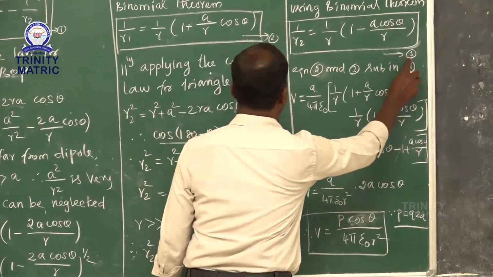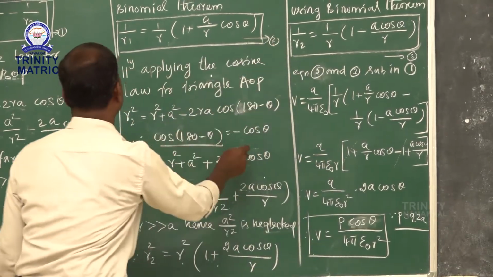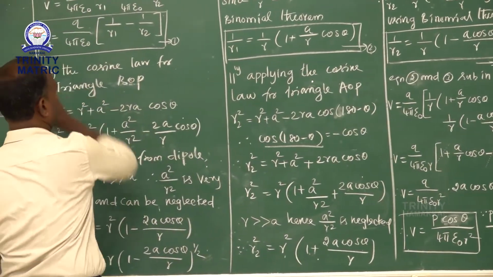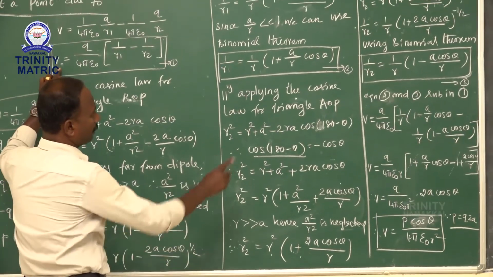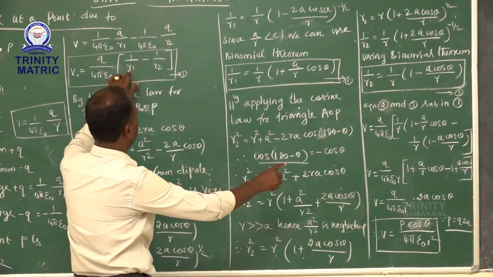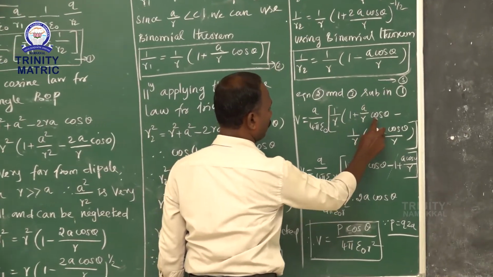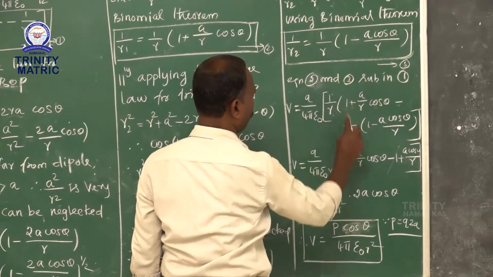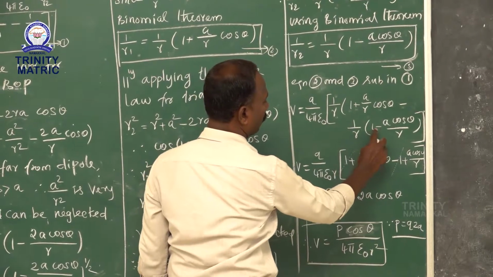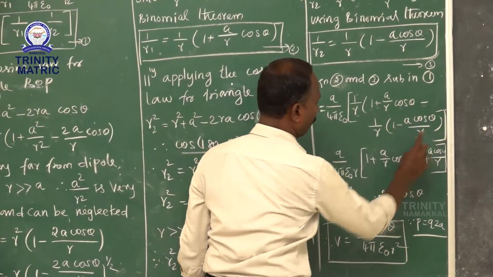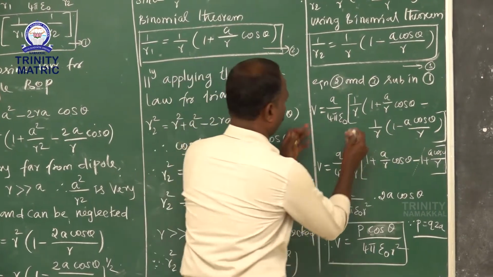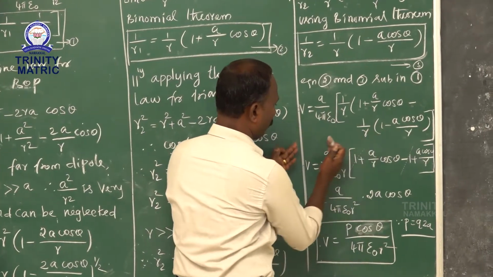So the equation gives the 1 by R2 value. Substituting equation number 3 and equation number 2 into the value of V, V is equal to 1 by 4 pi epsilon naught, their R1 value 1 by R into 1 plus A by R cos theta, minus 1 by R2 value 1 by R into 1 minus A cos theta by R. The 1 by R is taken to be common.